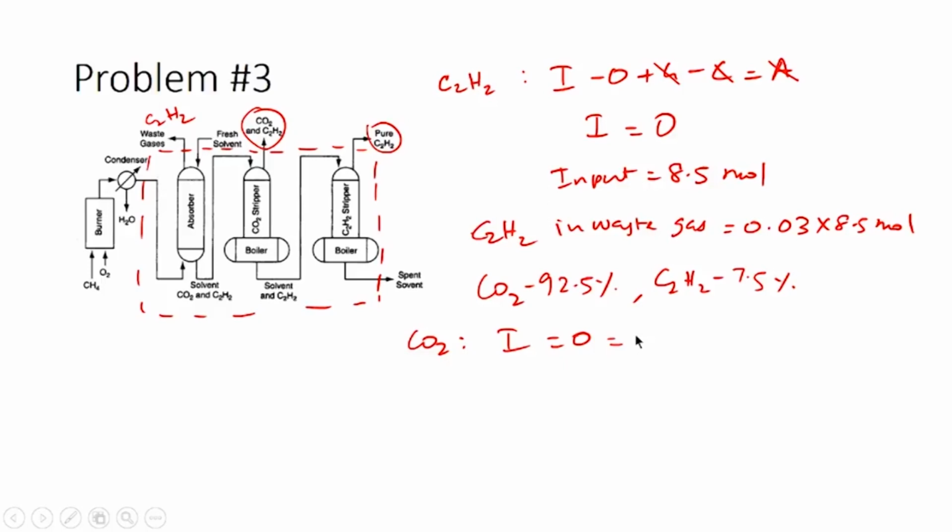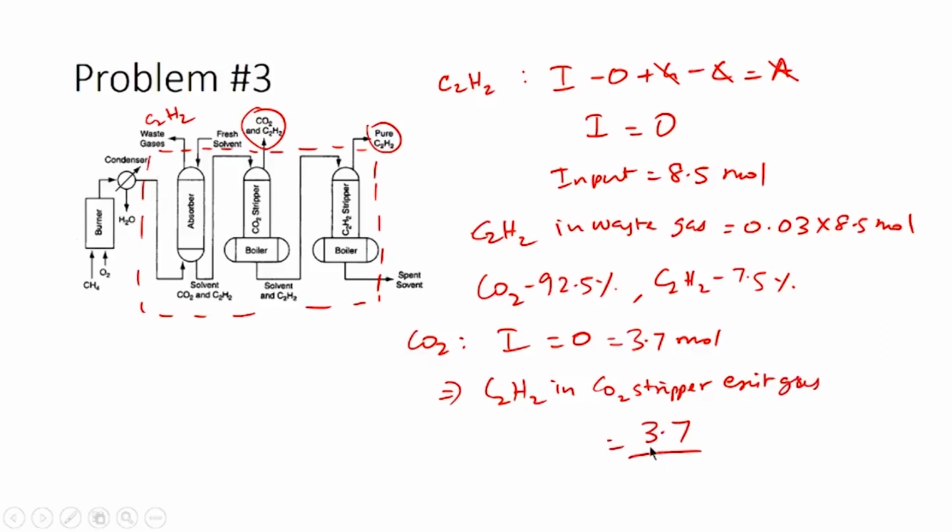Based on the composition of the gas, the output would be 3.7 moles. So, 3.7 moles accounts for 92.5%. This implies C2H2 in the CO2 stripper exit gas would be equal to 3.7 divided by 0.925 times 0.075. So, this would be the second exit stream.